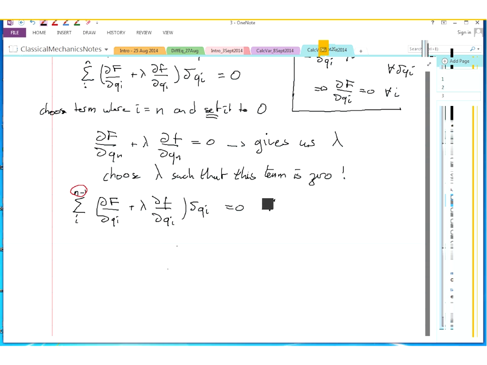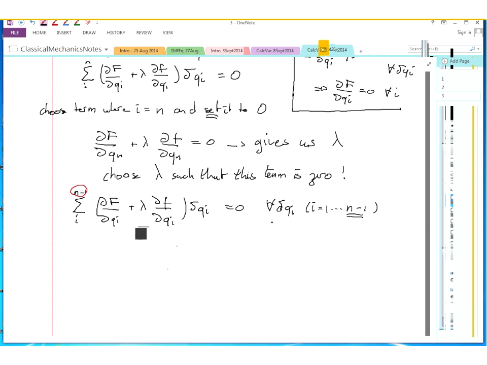So now this is 0 regardless of delta qi for i equal 1 to n minus 1. So now they are independent. So now, only for the case i equals 1 to n minus 1, we can vary this freely.